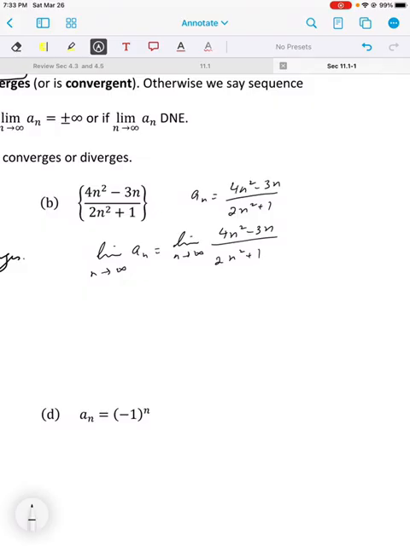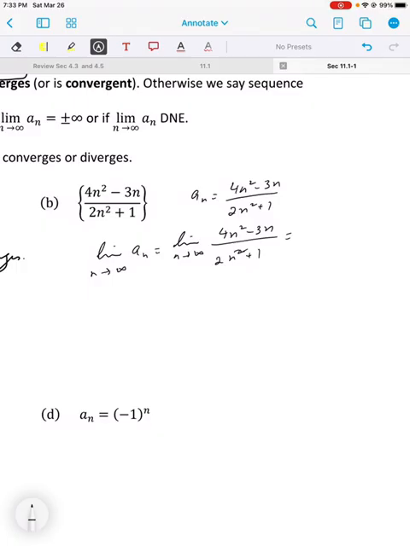So how do we find the limit of something like this? Well, you can use L'Hopital's rule, yes, but there is a simpler way to do it, and that is by dividing the top and bottom by the highest power variable. I would suggest the denominator, but it's your choice.